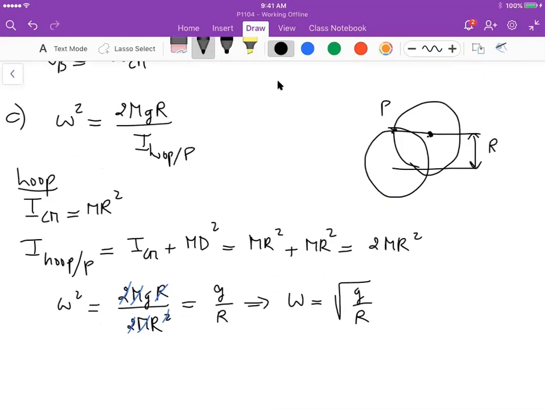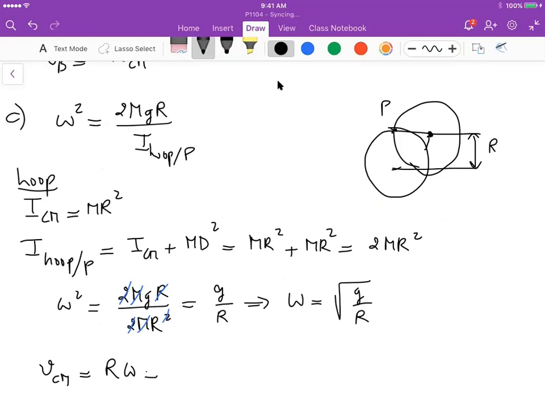And since we are looking for the speed of the center of mass, again here v center of mass is equal to the radius r multiplied by omega, because again for this system, the hoop, the center of mass is in the center and the radius of the circle along which the center of mass is moving is the same r of the hoop.